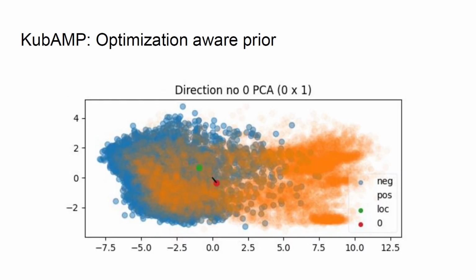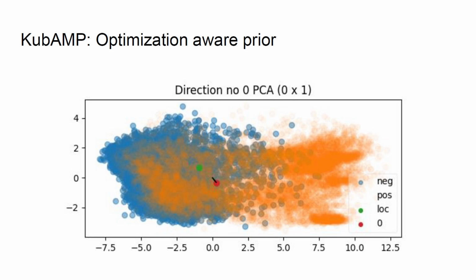Okay, this is an image of the latent space based on the first two principal components. As you can see, this latent has a lot of orange to the right and a lot of blue to the left, and there is this red dot which is the direction of AMP.